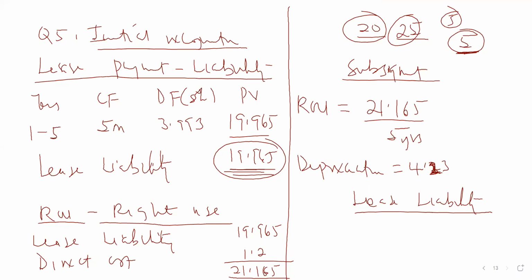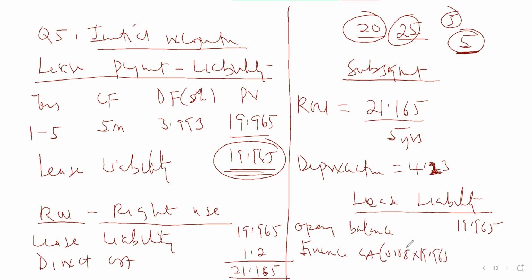We start with the opening balance. Then the opening balance is 19.965. You charge your finance cost, which will be 0.08 times 19.965. Then the figure that you now pay the rentals.